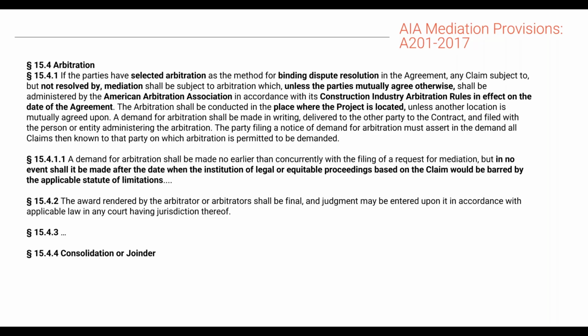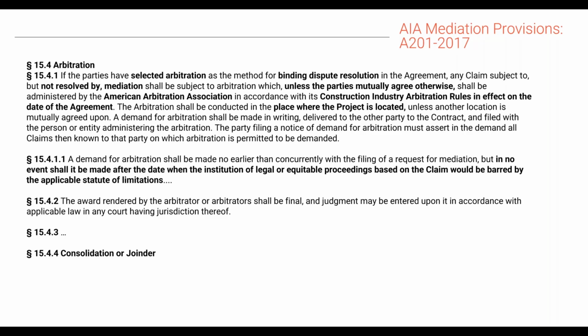Again, mediation is non-binding. You can go and settle. The settlement agreement will be binding, or the parties can fail to settle, in which case you then go to either litigation, arbitration, or some other form of binding dispute resolution. And that means somebody, as Mike has said, somebody else is going to decide the outcome of this claim.